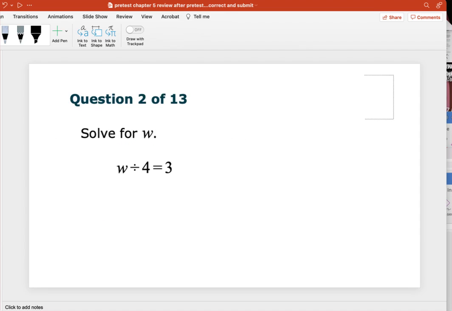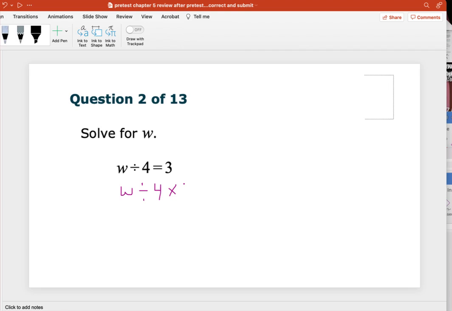Number 2, solve for w. Most of you got this right. Since we have w joined with 4 with a division sign, we're going to multiply by 4. Sometimes it's easier just to rewrite this so it doesn't look so weird: w divided by 4 times 4.